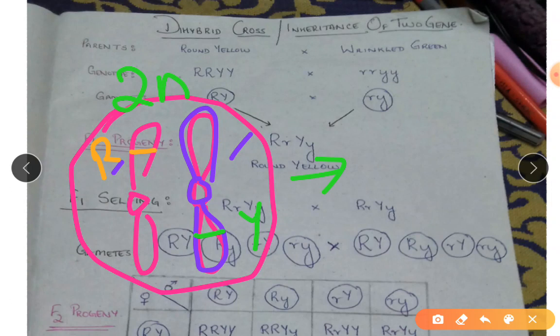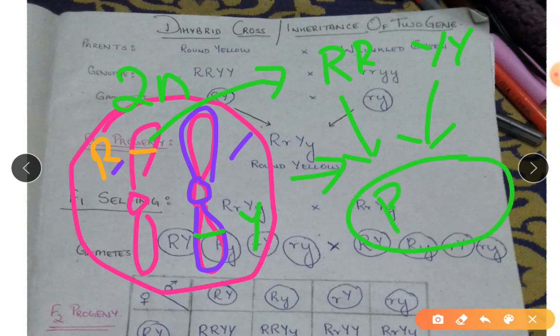This duplicates to form R and R along with Y and Y. And then during the gamete formation, each will separate. So in one gamete, one R will come, one Y will come.